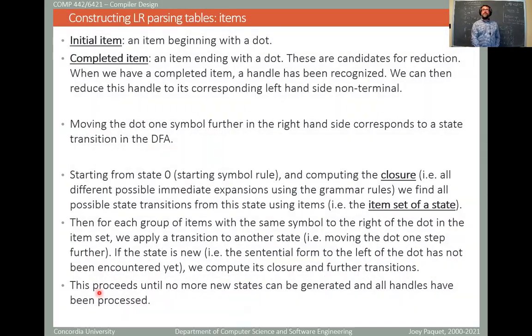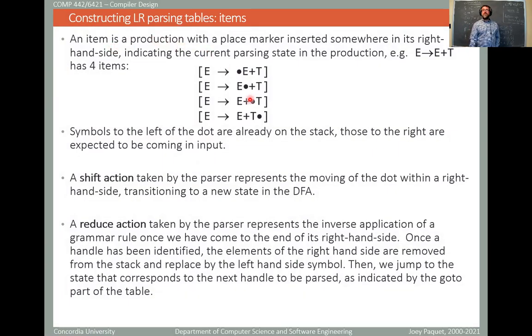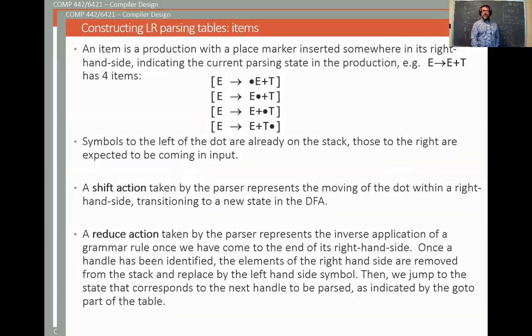Now, there are different kinds of items that have specific names because they have a specific function. An initial item is an item that starts with the dot. That's where you are at the beginning of the recognition of a handle.